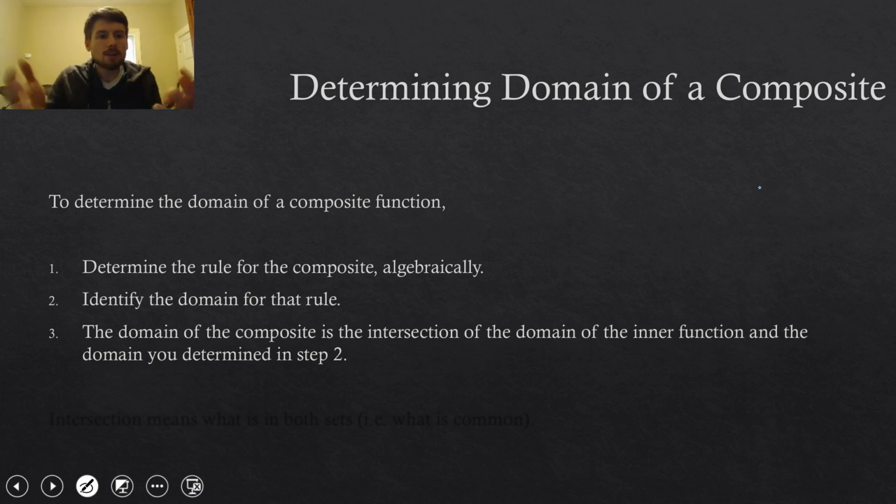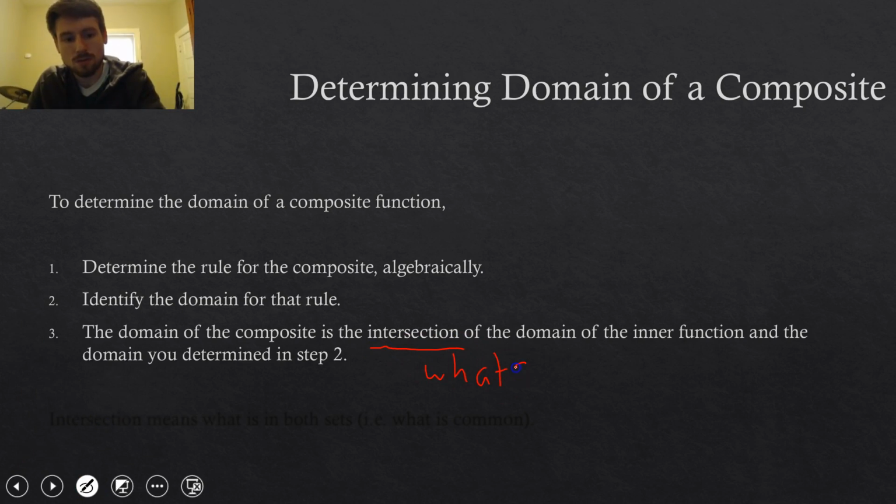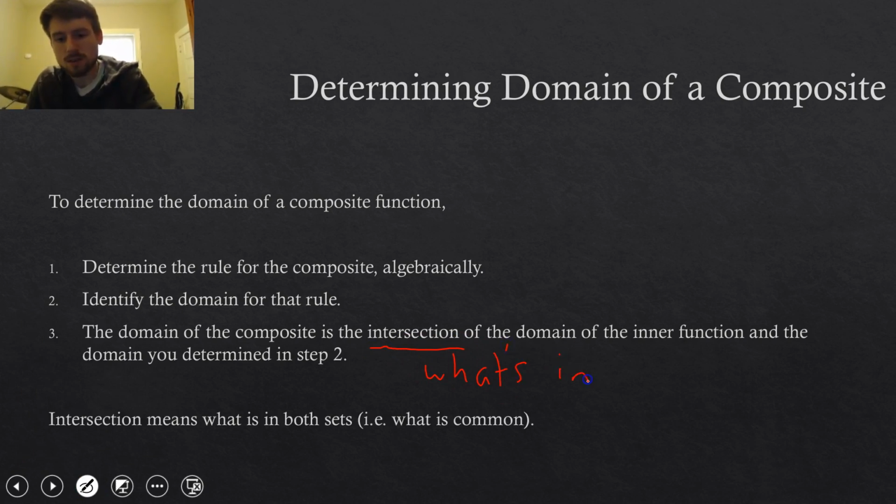And you have to combine those into one set, which is the intersection, which is what's in both. So the intersection, this means this is what's in both. What's in both sets?